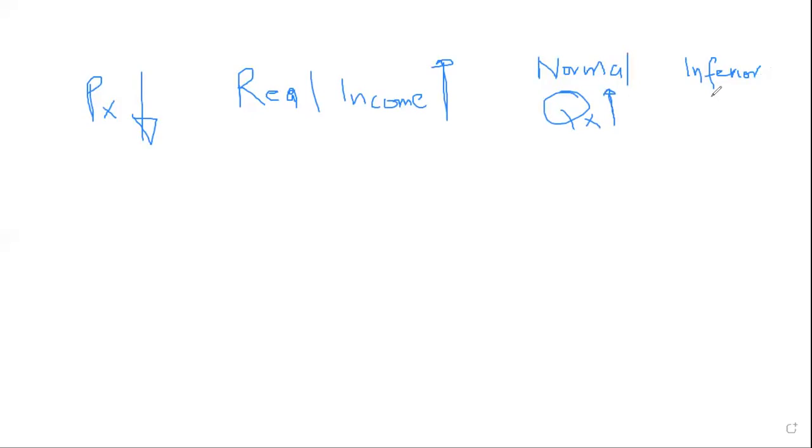If it is an inferior good, with an increase in income, the consumer is going to purchase less of it. So the quantity of X comes down if X is an inferior good.